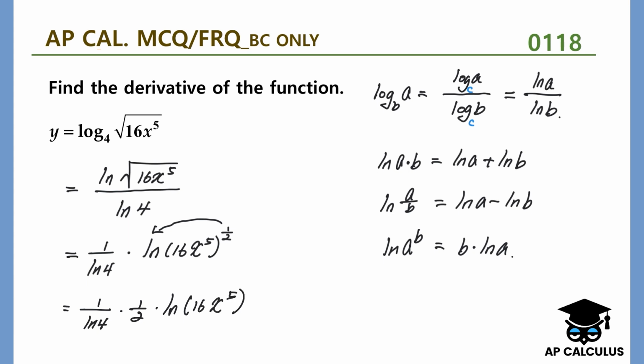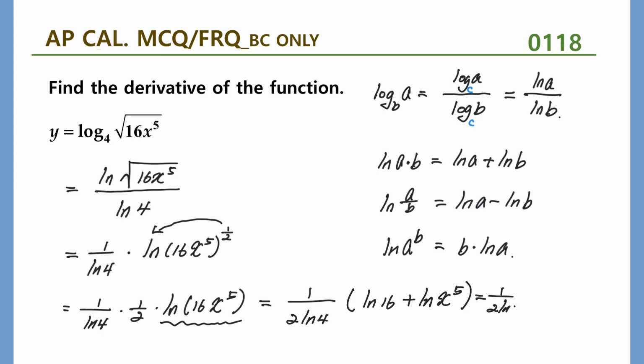And using the logarithm property, we're going to separate this logarithm into two different logarithms. So that is equal to 1 over, if we multiply these two, 2 times natural log 4, times natural log 16 plus natural log x to the 5. So that is equal to 1 over 2 natural log 4 times natural log 16 plus 5 times natural log x.